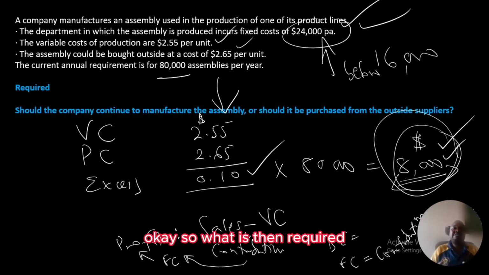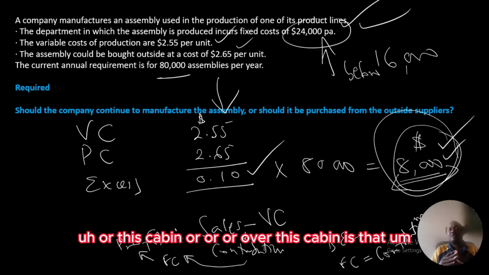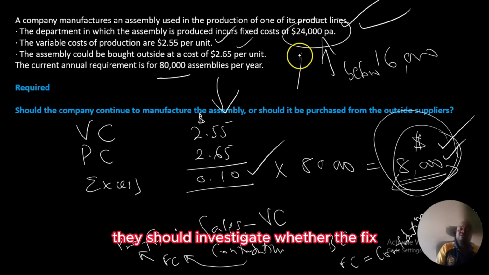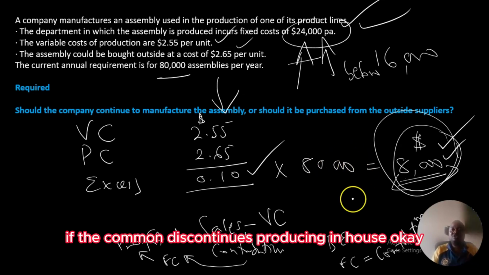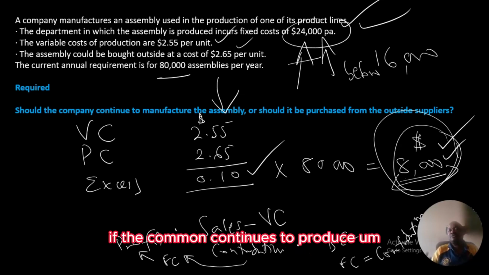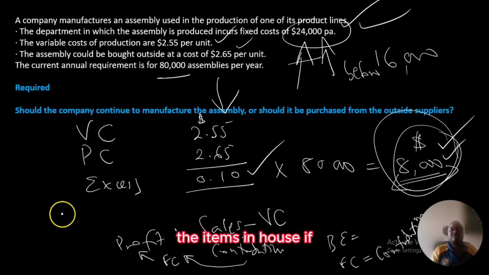Okay, so what is then required over this company is that they should investigate whether the fixed cost of 24,000 could be reduced if the company discontinues producing in-house.